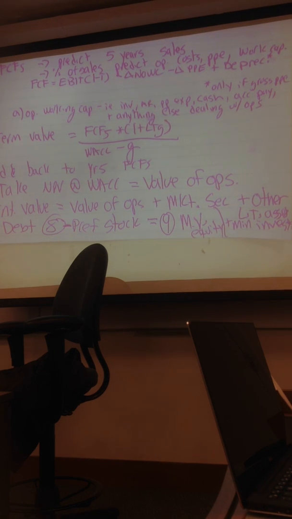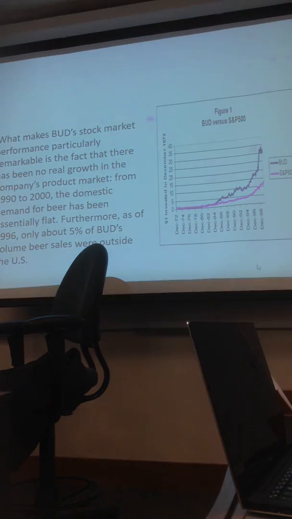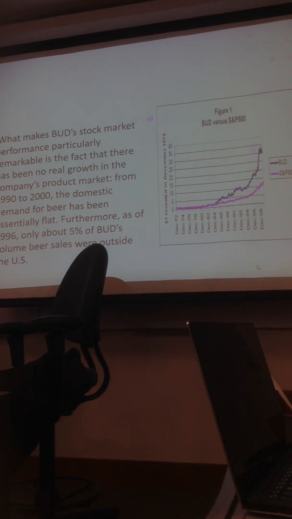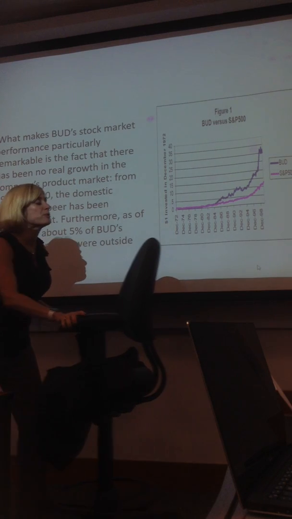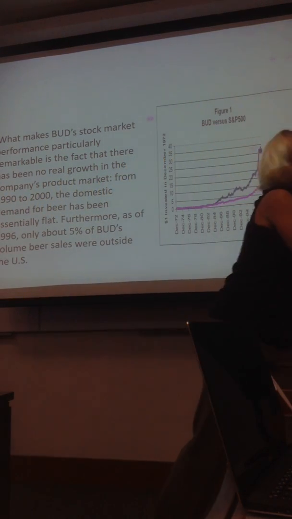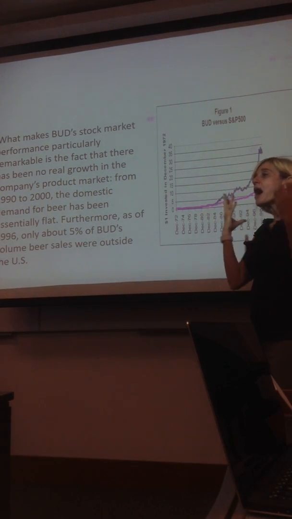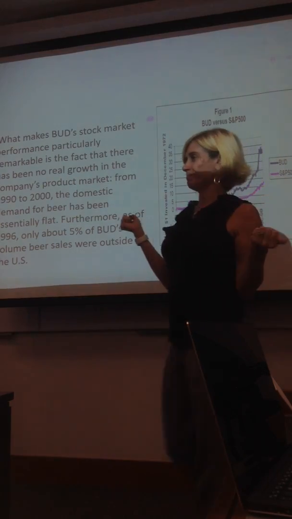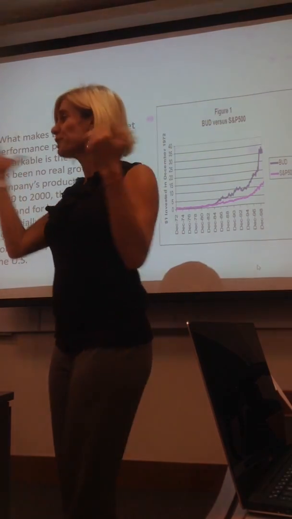So, okay, I want you guys to look at this graph. This is where I was so excited to talk about beer. Here we go. Look at this graph. So when we talk about Budweiser, Kyle, it's your favorite beer. How would you describe Budweiser? Affordable, so cheap.